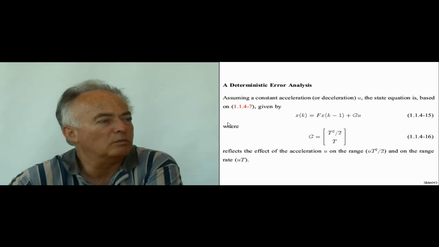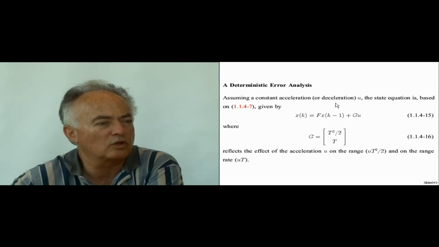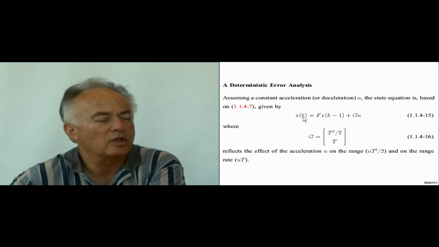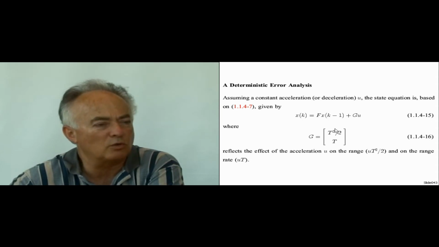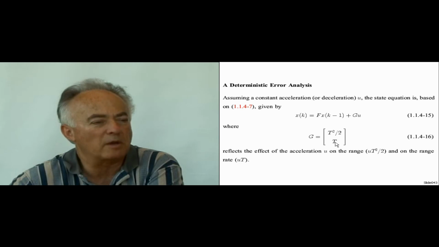If we assume in our error analysis, we'll do a deterministic error analysis, that there is a constant acceleration or deceleration u, then our equation is given by x_k is F x_{k-1} plus G u, where u is now a constant, G is t squared over 2, its impact into position, and t maps it into its impact into the velocity.